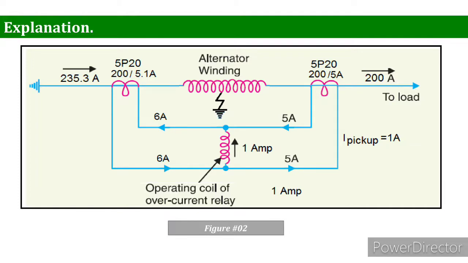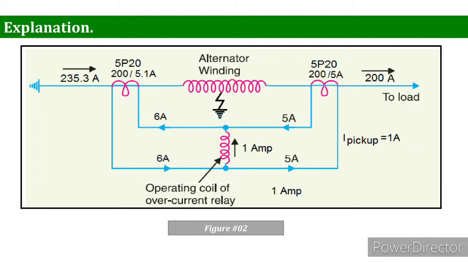As you can see, when a current of 235.3 ampere flows on the system and there is a mismatch, so the 6 versus 5 ampere, if you subtract 6 ampere minus 5, you can see 1 ampere current will flow through the operating coil of the overcurrent relay.